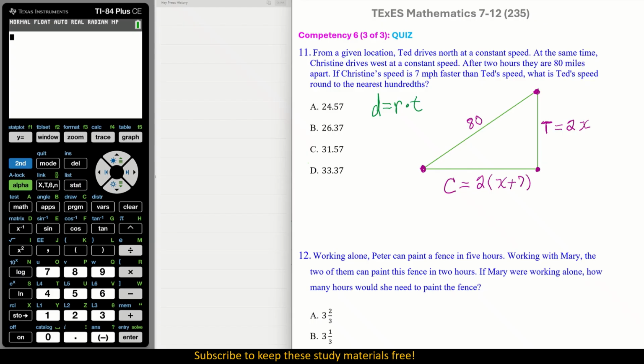Okay, now this gives us a nice Pythagorean theorem setup. So let me show you what we will put in the calculator.